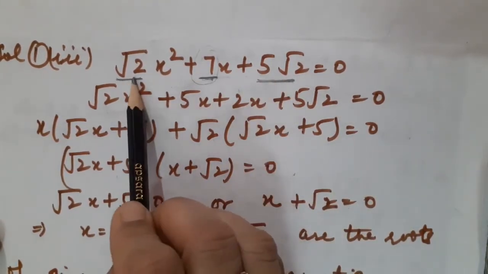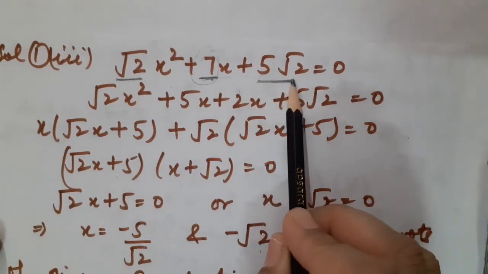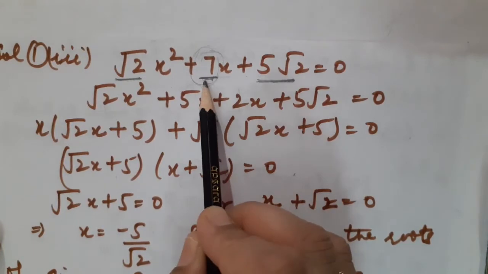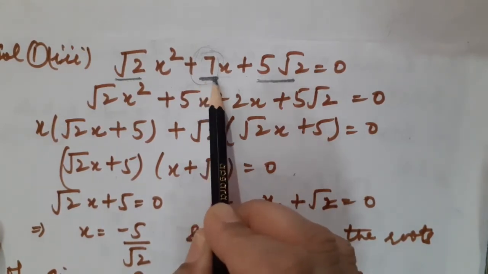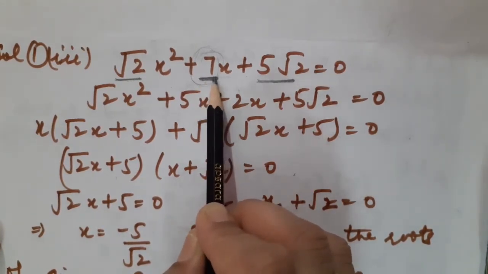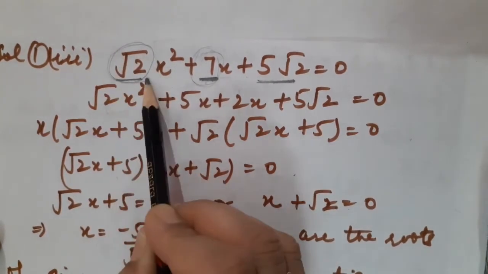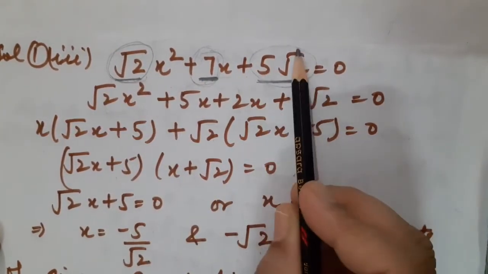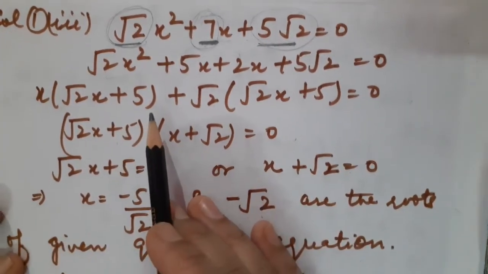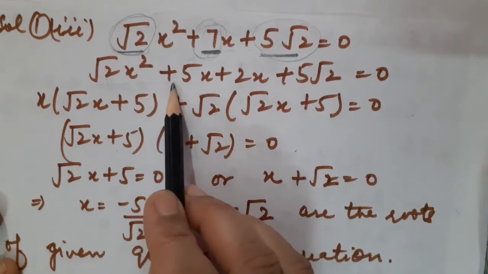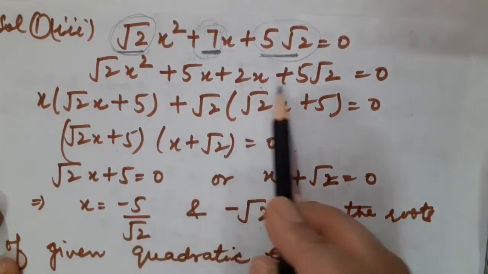So let us multiply root 2 by 5 root 2, and you will get 10. So the sum should be 7 and the product should be 10. How did I get 10? By multiplying the numerical coefficient of x square with the constant term. Correct? Okay. So after splitting, children, I have got root 2x square plus 5x plus 2x plus 5 root 2 is equal to 0.